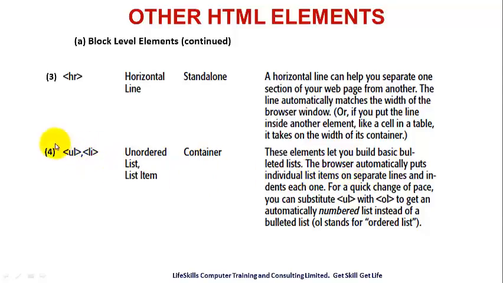So the UL is the major container. The LI is the child element. So we also have OL, ordered list. We have ordered list and unordered. UL is unordered list. OL is ordered list. By the time we get there, you are going to get the full meaning of what they stand for.